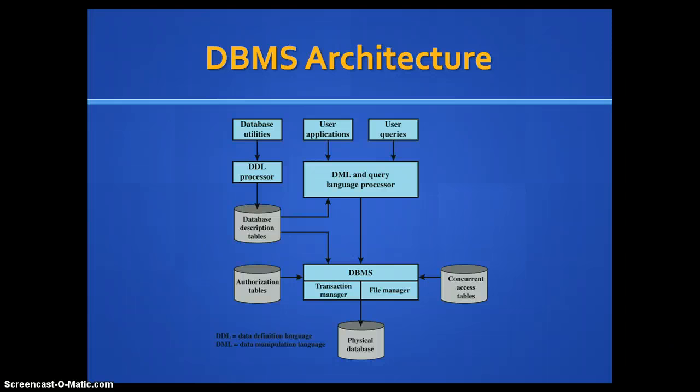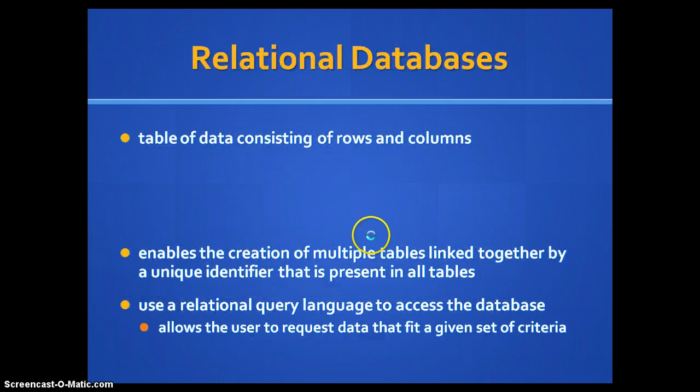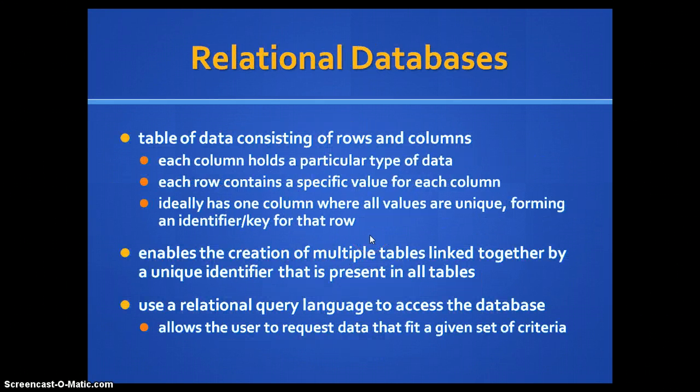We will go a little bit with each other through the database management system architecture, which is shown here in this figure. And then we will go to the relational database, just to also give you background from your computer science courses. The relational database is a table of data consisting of rows and columns.